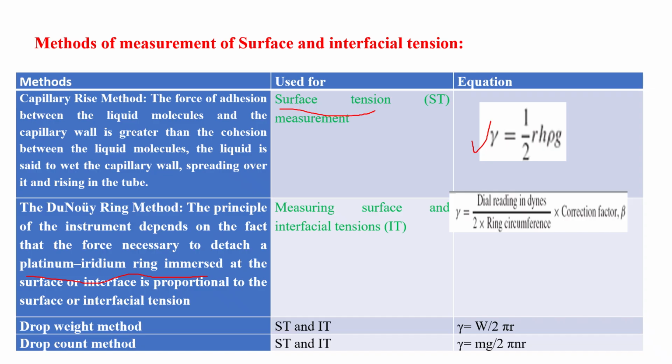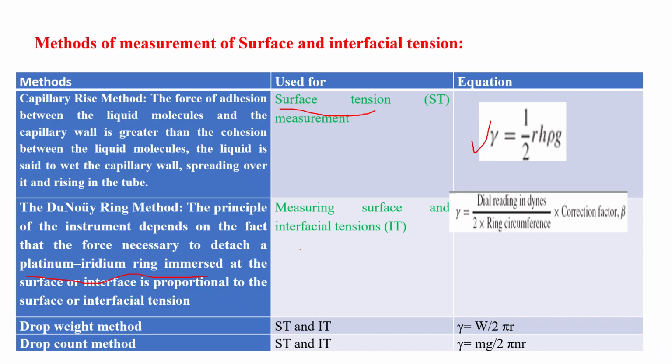So here surface tension is directly proportional to the dial reading in dynes and inversely proportional to the ring circumference. Gamma equals dial reading in dynes divided by 2 times ring circumference times correction factor beta. And the Du Nouy ring method is generally used for measuring both surface as well as interfacial tension.